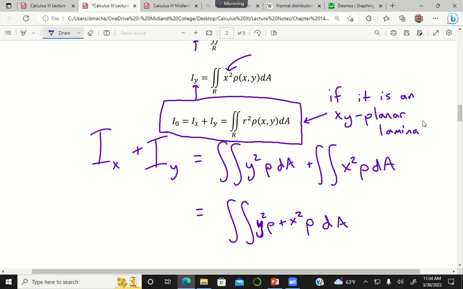And you could reframe your density function in terms of probably r and theta, and then you can make the order of integration be r dr d theta with polar coordinates, and you can do it like that. Okay.